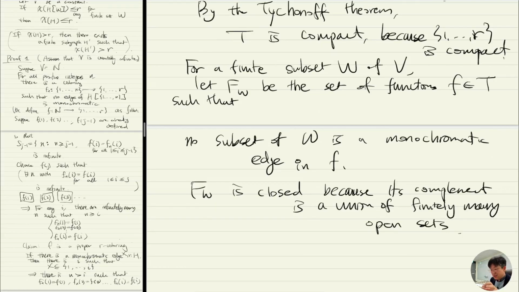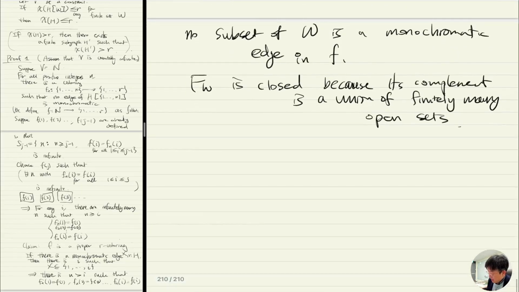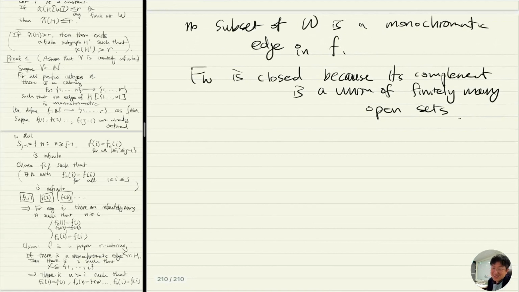So for each edge, you look at all possible colorings with that edge monochromatic, and take a union of all these things, and then the complement of that. So that's closed. All right. And since there are only finitely many colors, this is defined.